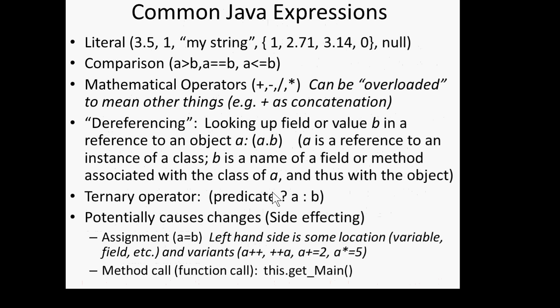So here's common expressions. I want to talk about a couple of them. One is this dereferencing expression. You've seen this a lot, and you've tolerated it. I can't believe in some ways that you've tolerated it, that you haven't stormed out and said, what the heck is that? A dot B. What's this dot? Okay. Here, A is referring to some object, and we're saying, okay, object, maybe it's a reference to a person.